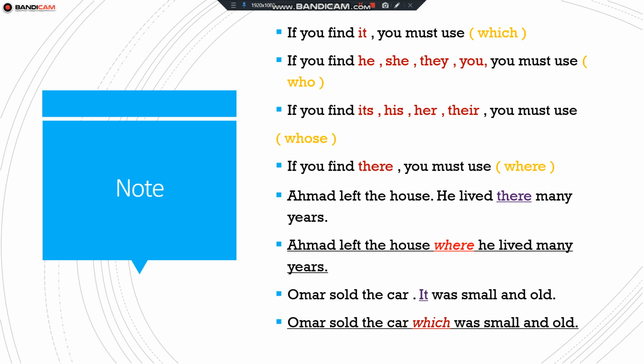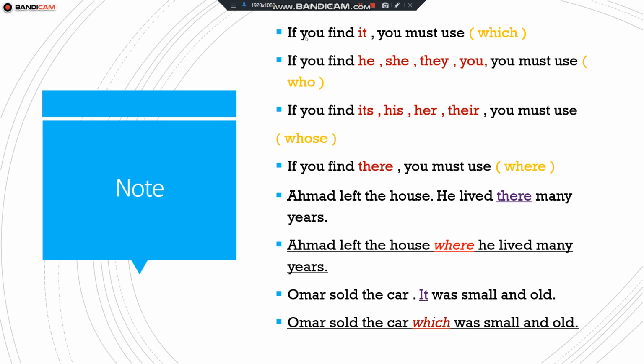Sometimes you can translate a sentence and recognize which relative pronoun is suitable for it, but sometimes you cannot translate it. Okay, in this case, what do you have to do?